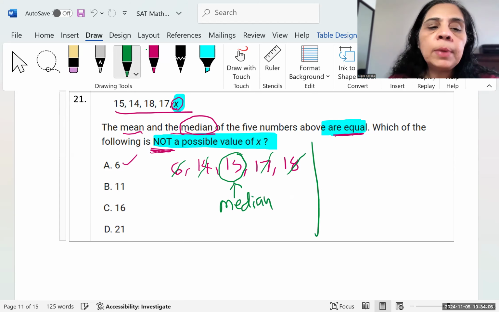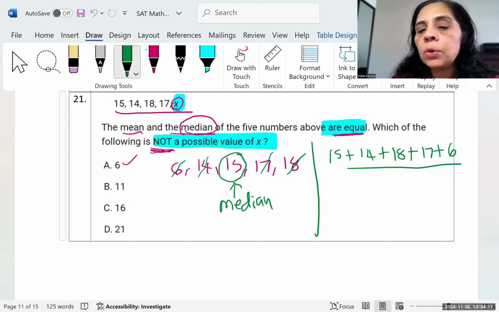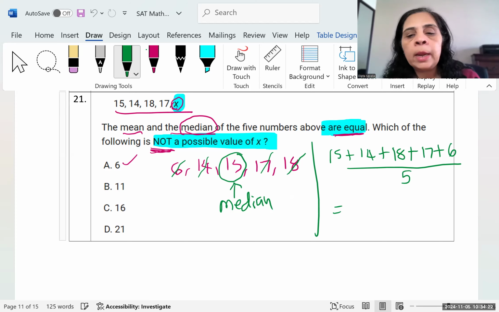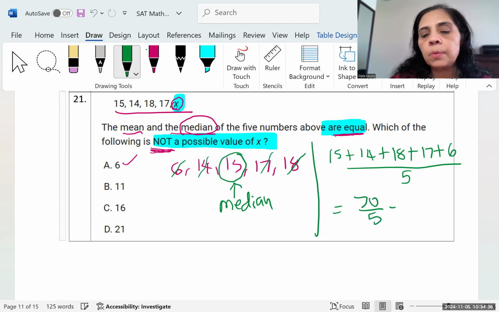Now we can find the mean, right? So it's 15 plus 14 plus 18 plus 17 plus 6, and we divide by how many data we have: 1, 2, 3, 4, 5. So divide by 5. If we add all this data, 15 plus 14 plus 18 plus 17 plus 6, we get 70. 70 divided by 5 is 14.